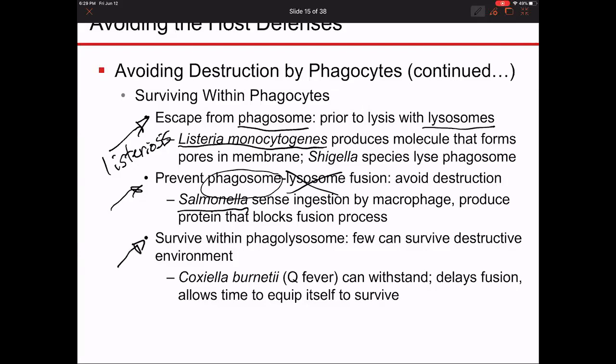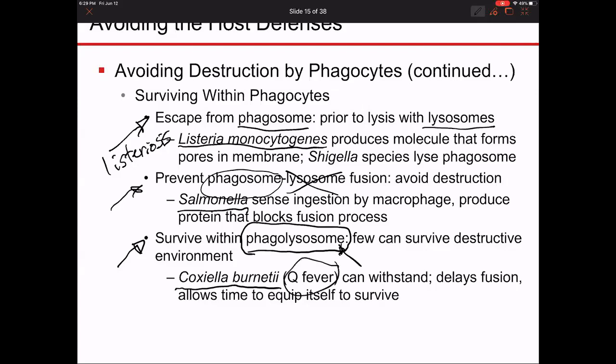And then finally, you have here something that I find really amazing. A pathogen that is able to survive inside of a phagolysosome. I cannot think of an environment that could be so unfriendly, in which many enzymes are being produced, a lot of reactive oxygen and nitrogen species are being produced, and still in that harsh environment, you find this pathogen, Coxiella burnetii, that produces the Q fever.